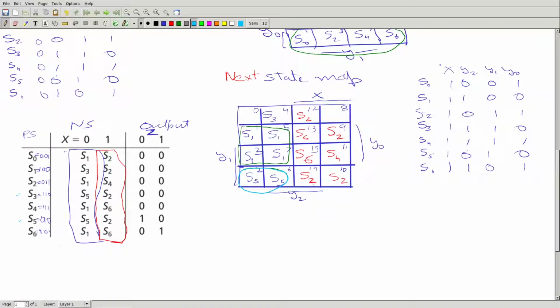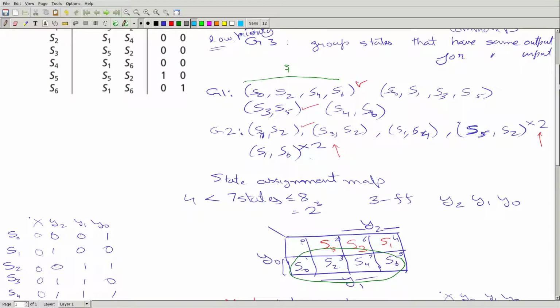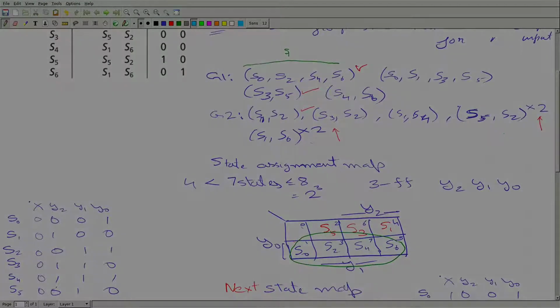And this is here because we grouped S3 and S5 together, and this is what we included here.